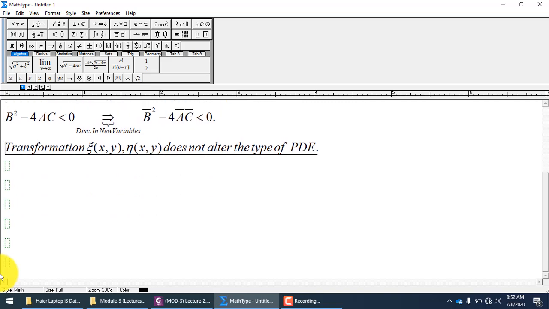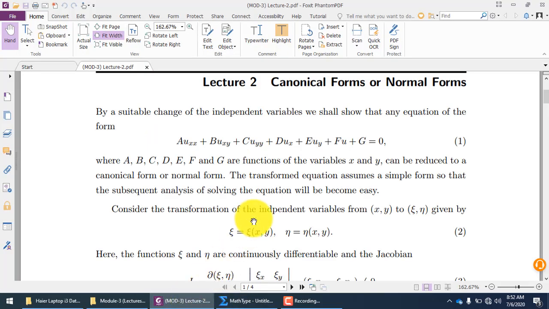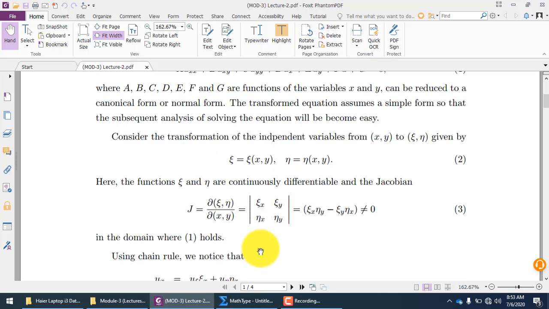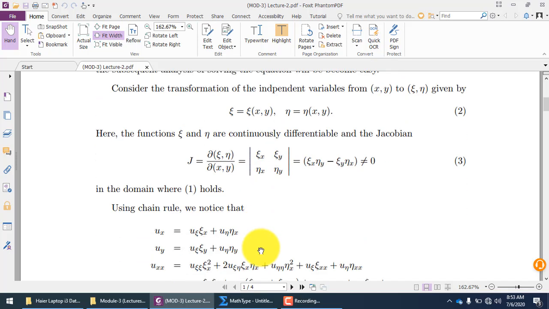Let's move towards the solutions, that is, how you can transform the given partial differential equation. In any case you will be given three cases, and your partial differential equation can be elliptic or parabolic or hyperbolic. I am going to start the procedure in the respective cases.